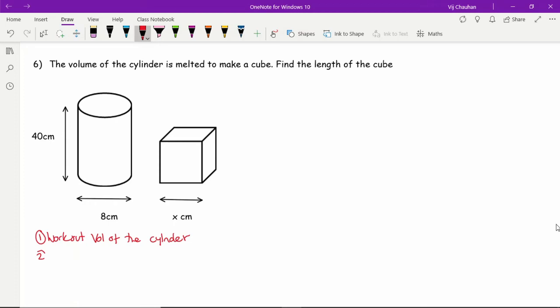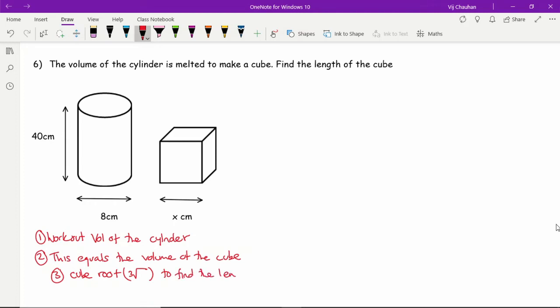Now that's going to equal the volume of the cube, and then once we've done that, what we then need to do is to cube root, which looks like that, to find the length of the cube. So they're the three steps that we need to work out first.